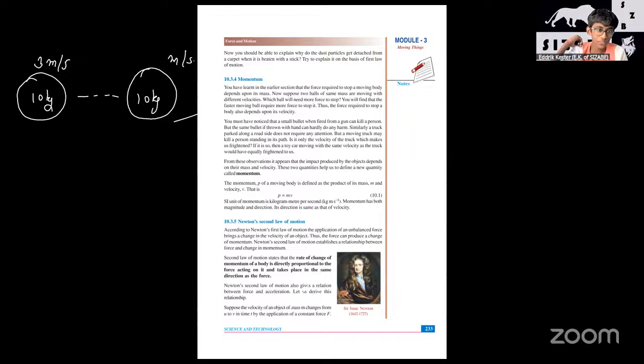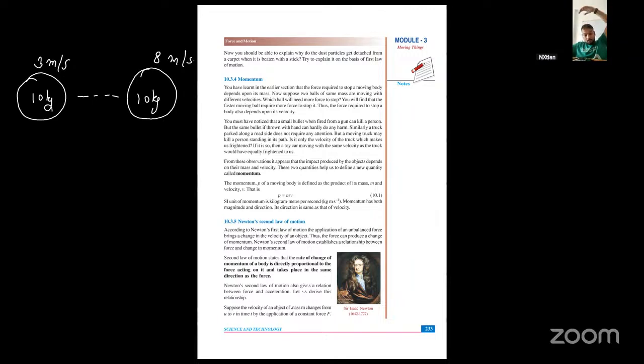Don't tell the answers, write it down in the chat with the steps. Okay, I want steps. How will you do this? First, you have to mention what is initial velocity, what is final velocity, what is mass, and then you have to solve with the formula.